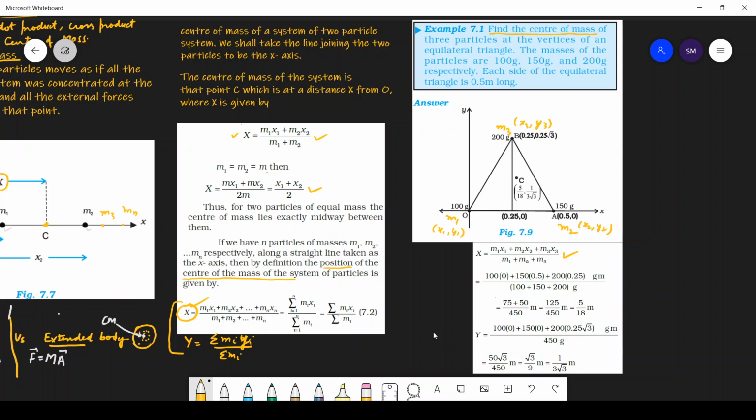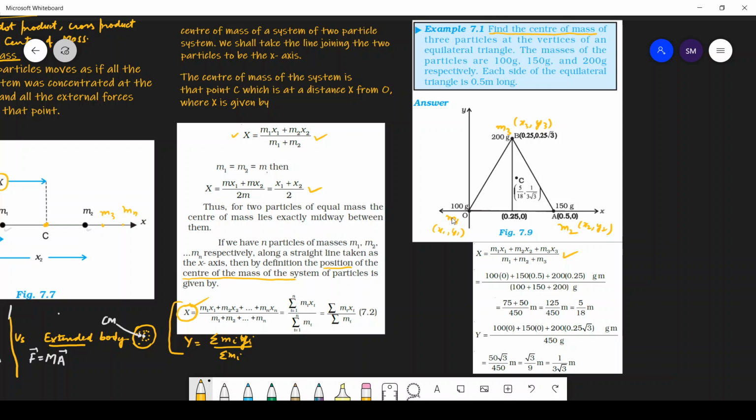As there is y also, we will have the formula for y: m1 y1 plus m2 y2 plus m3 y3 divided by the whole mass, m1 plus m2 plus m3. So we need x1, x2, x3 and y1, y2, y3. How do we find them? We know m1, m2, m3.